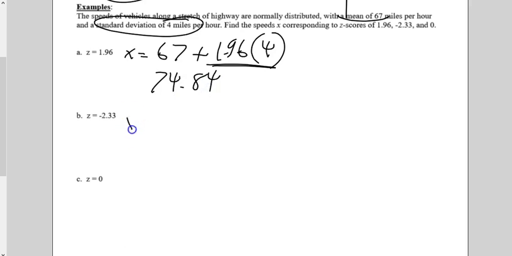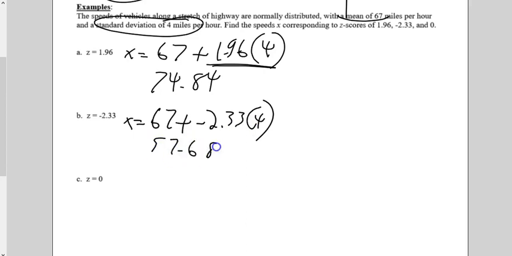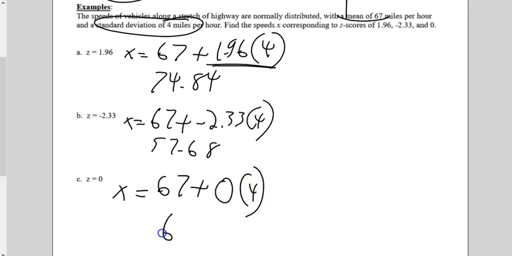For this one, x is going to be equal to 67 again, plus negative 2.33 times the standard deviation of 4, and that's 57.68. And this one, technically you should already hopefully know, but see why it works out: 67 plus z-score times the standard deviation, which is just 67. So a 0 z-score is the mean.